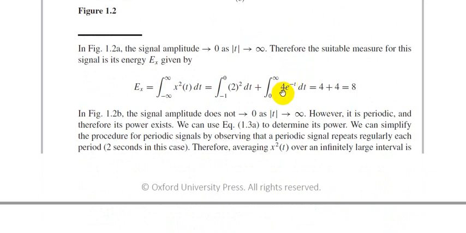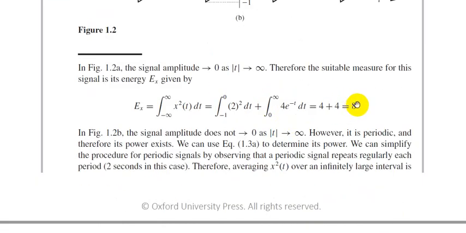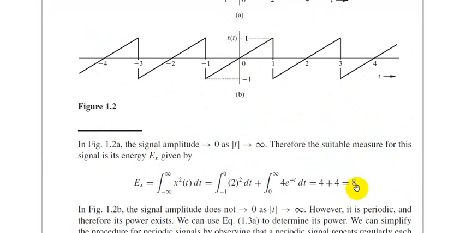Therefore the function has become 4e to the power minus t. If we calculate this integration, we find the value 4 plus 4, which is equal to 8. That means the energy of the signal in figure A is actually 8.